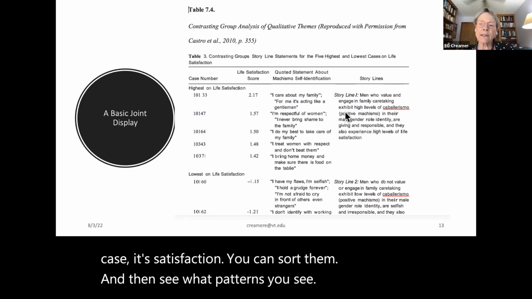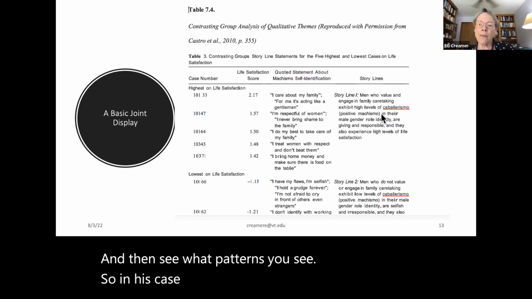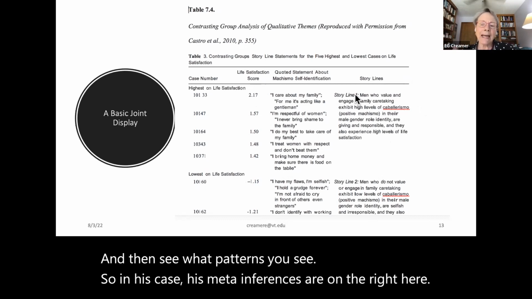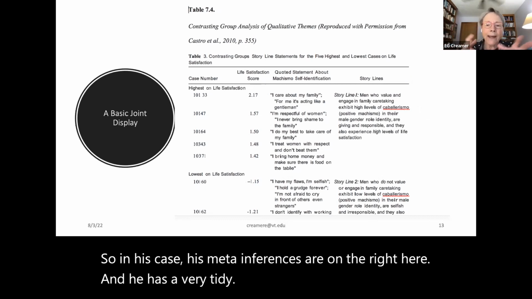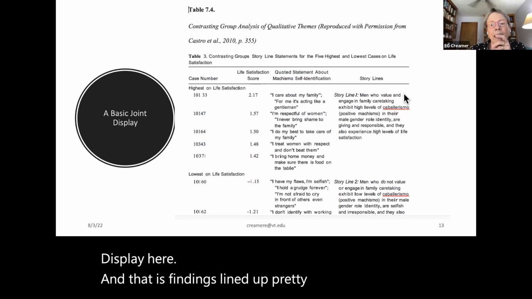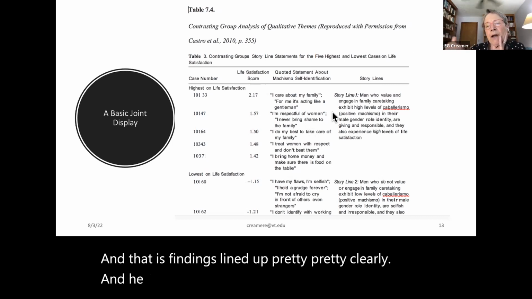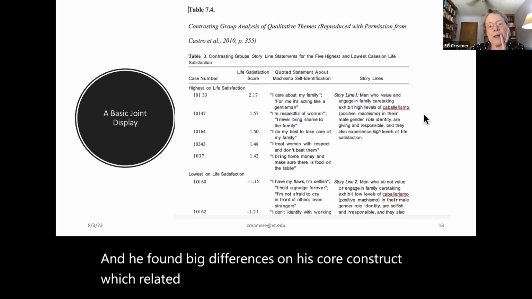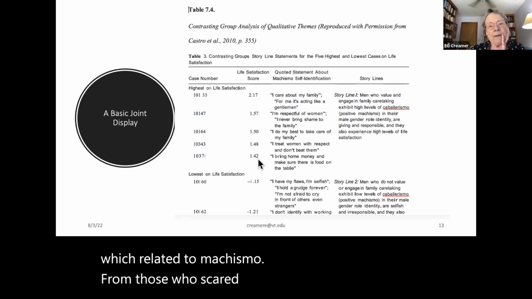So in his case, his meta inferences are on the right here. And he has a very tidy display here, and his findings lined up pretty clearly. And he found big differences on his core construct, which related to machismo, from those who scored high on life satisfaction and those who scored low.